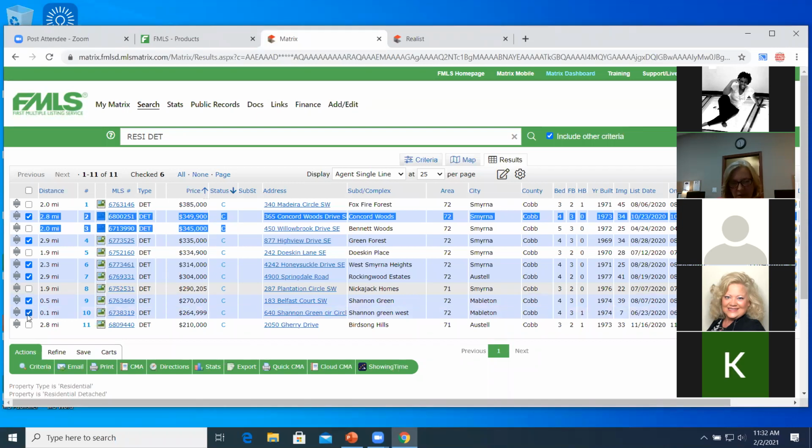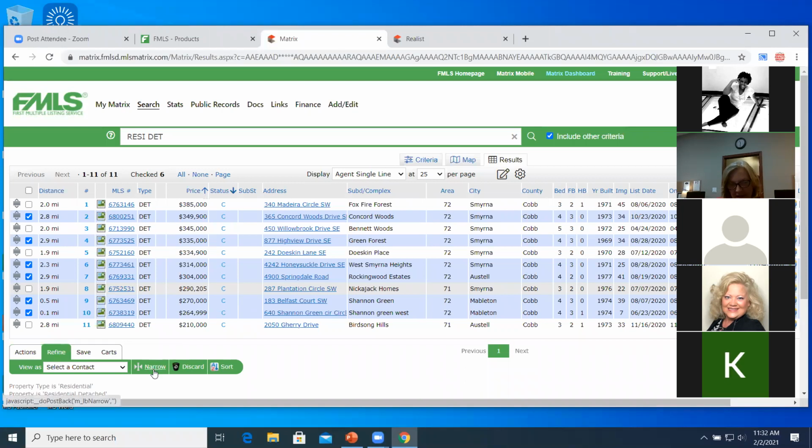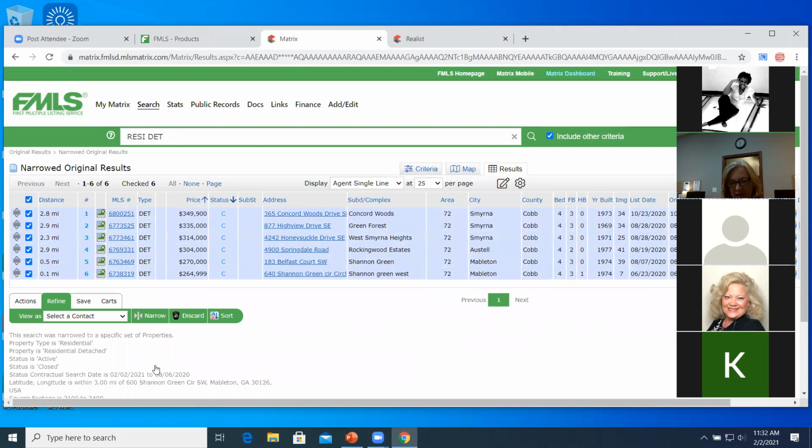So let's just say we're choosing these. You go down here to refine and you hit narrow. And now all we have to do is look at these. So our 2 comps from Shannon Green are in there. But let's go ahead and go up here and see what we're looking at.